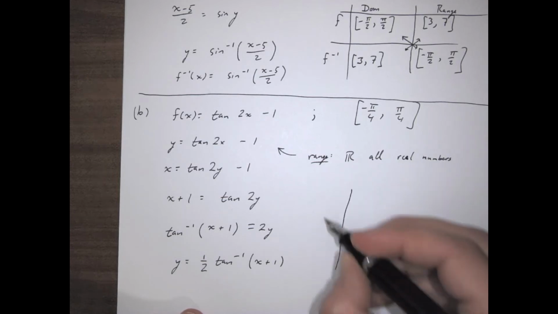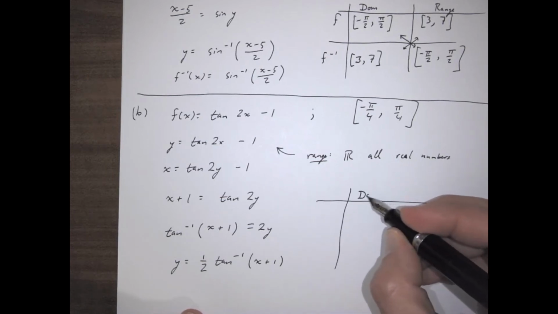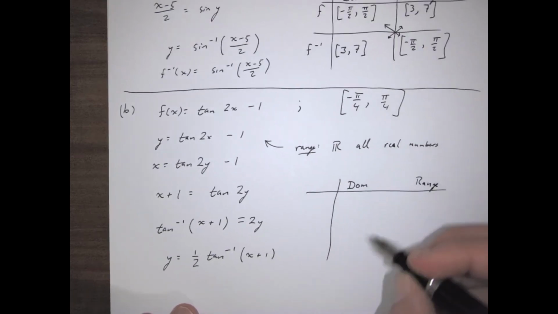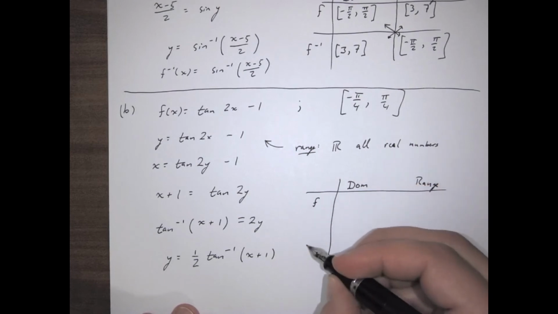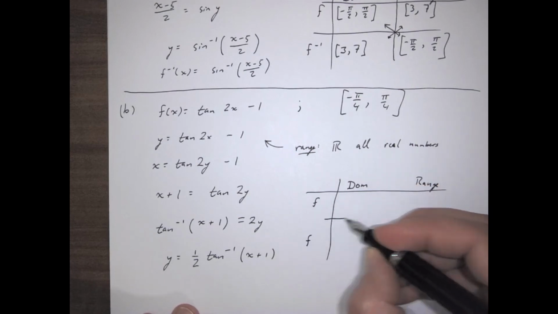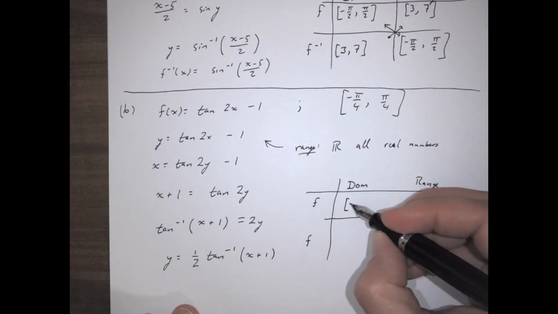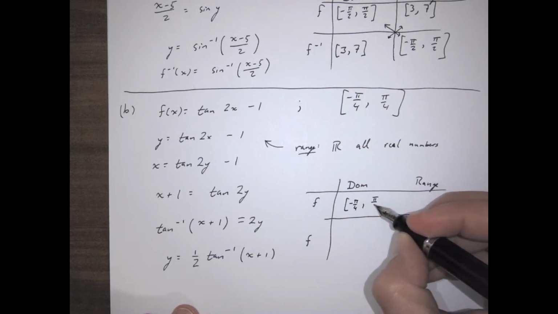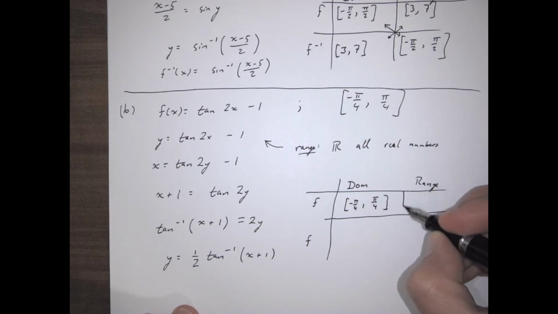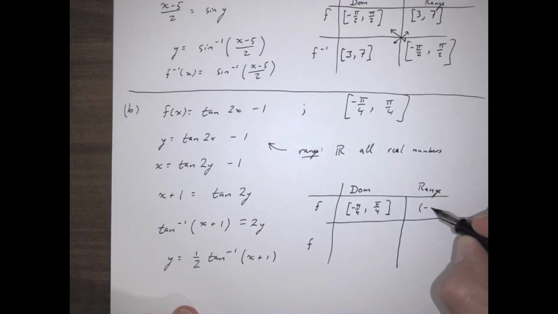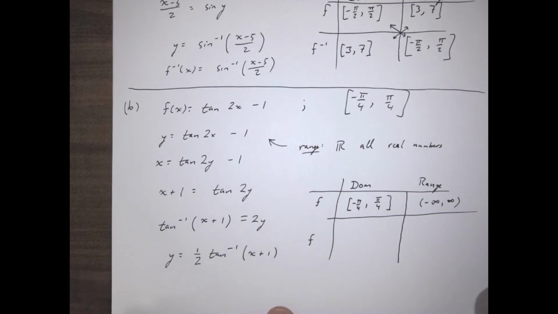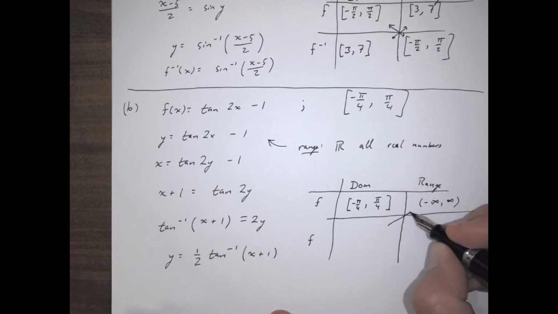So when we make this little schematic of domains and ranges for f and f inverse, we have given to us the domain of the original f, negative pi over 4 to pi over 4. And the original f has a range that is all real numbers. So if we want to do that in interval notation, which is the way your Pearson MyLab thing wants it, then it would be negative infinity to infinity.